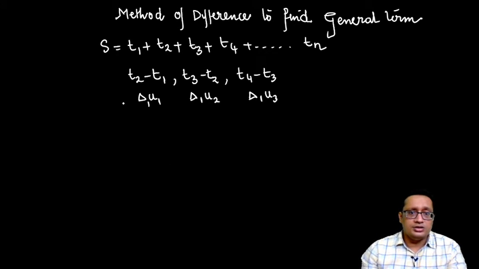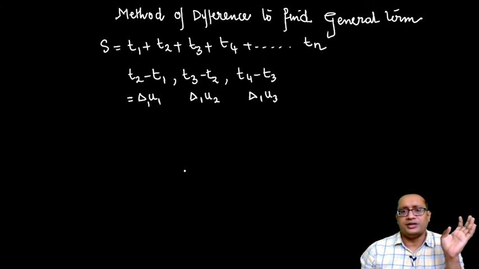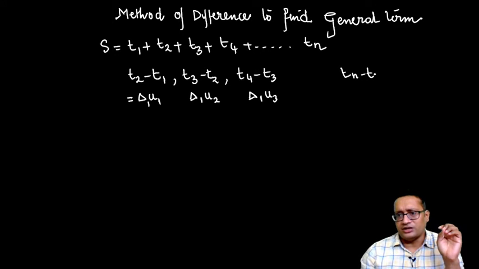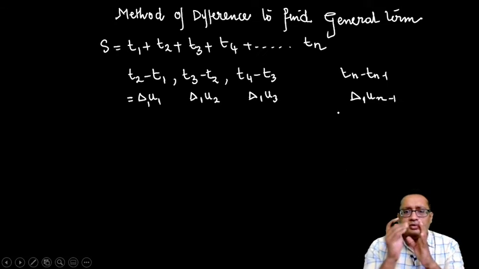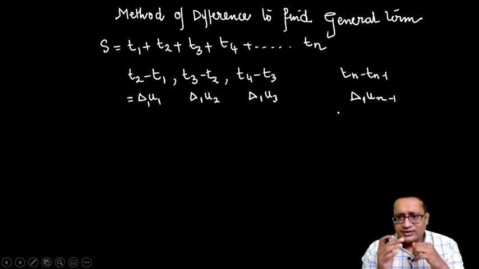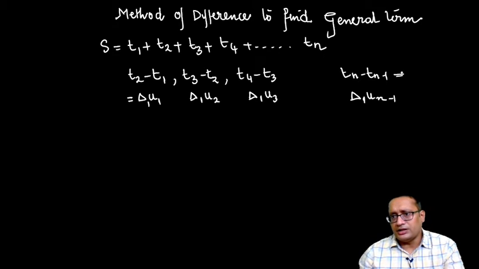Delta 1 u1 is equal to t2 minus t1, delta 1 u2 is equal to t3 minus t2, and delta 1 u3 is equal to t4 minus t3. Similarly, the last, tn minus t(n minus 1), is delta 1 u(n minus 1).